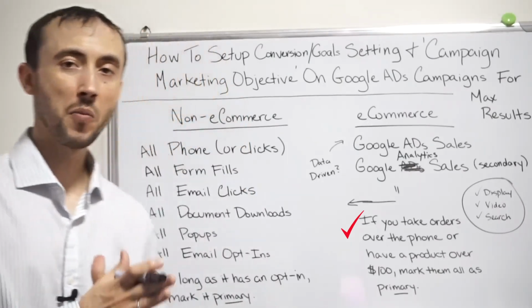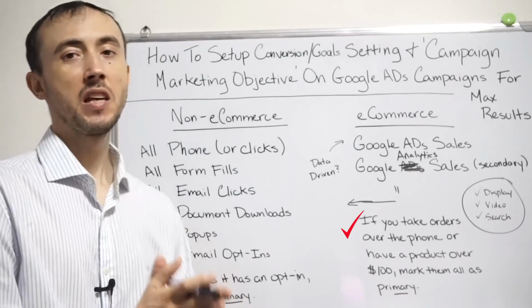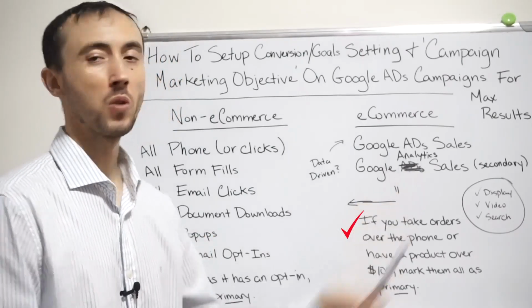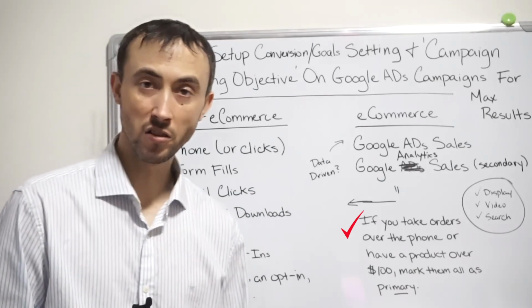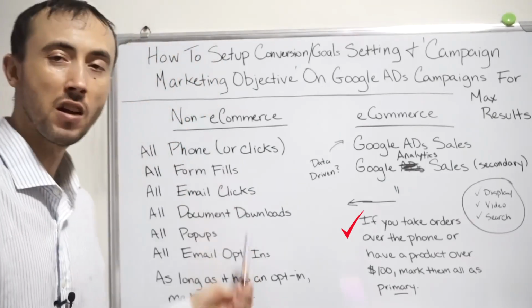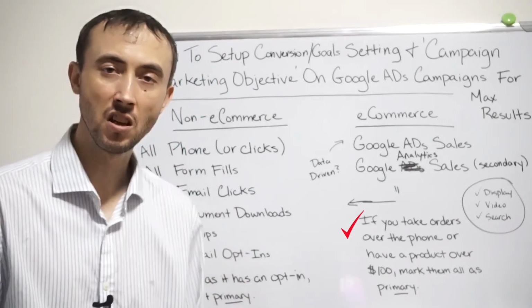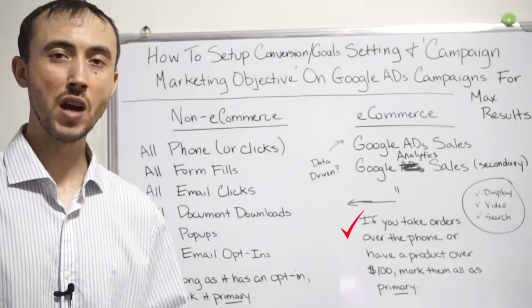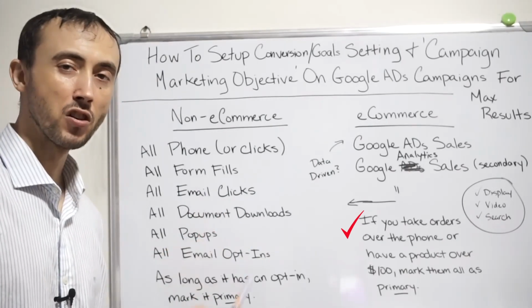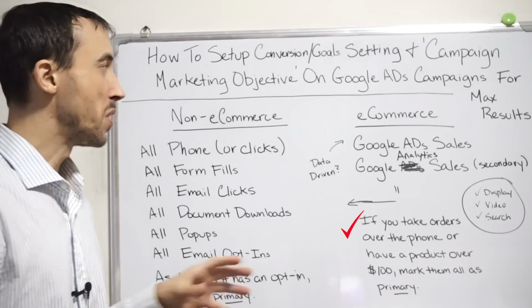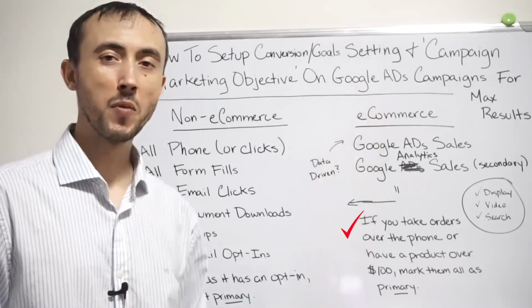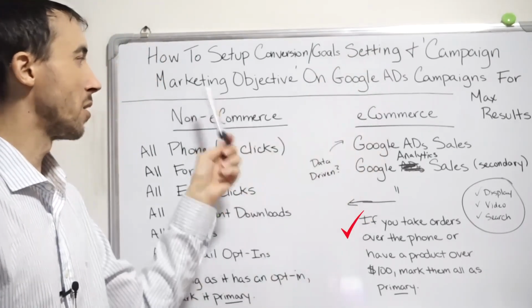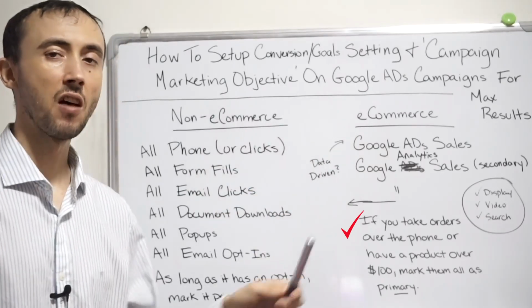So if you have display campaigns, more so in that situation, you just want to go for the cart sales themselves. And if you're doing lead generation, by the way, and you're not an e-commerce business, you really want to look at offline conversion tracking and have the offline conversion tracking goal be the goal that you set up to optimize for, and have the campaign marketing objective set up as sales with it.